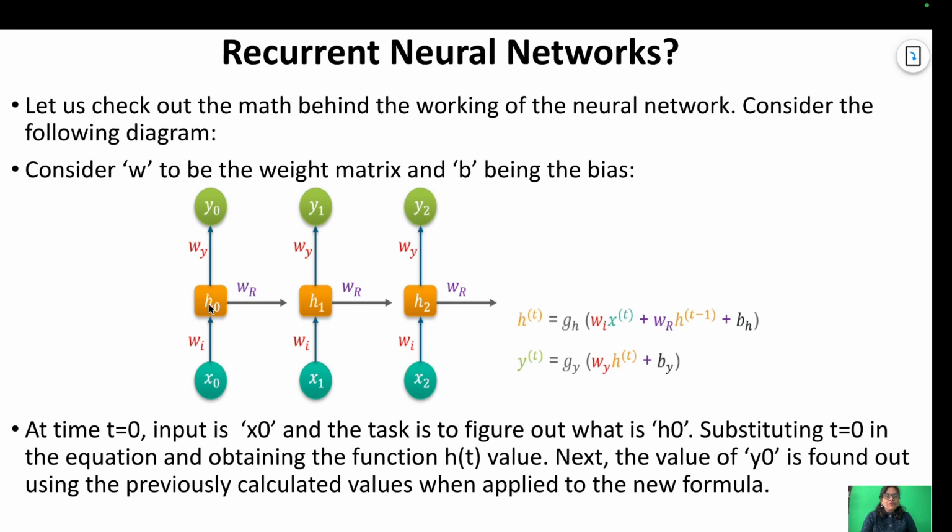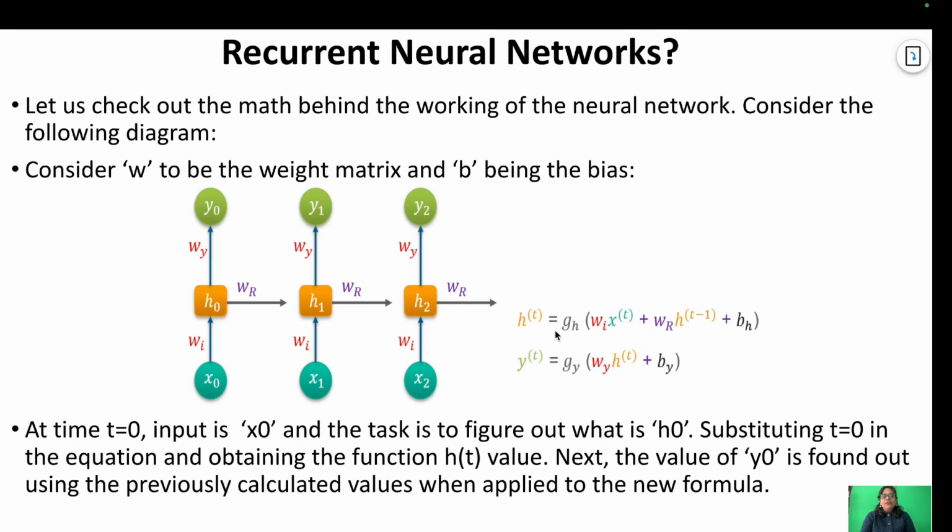This h0 value will be passed through the activation function to generate the output. Here h0 will also be the input to the next time step, meaning the input is given in a sequential manner: time step 1, time step 2, time step 3, and we pass it through to every hidden layer.